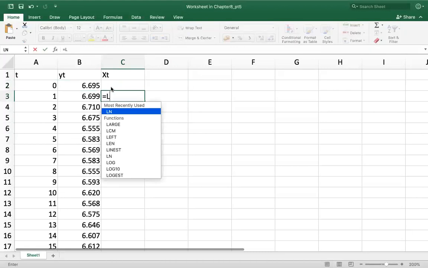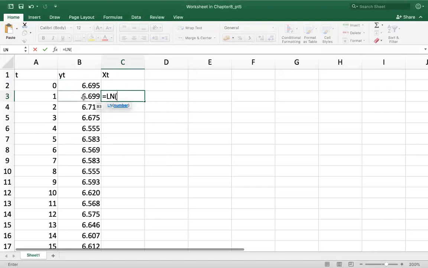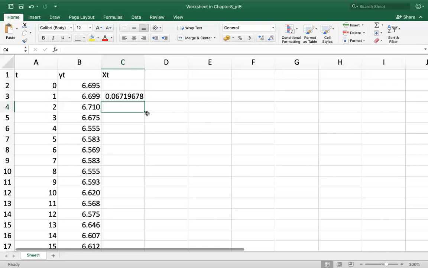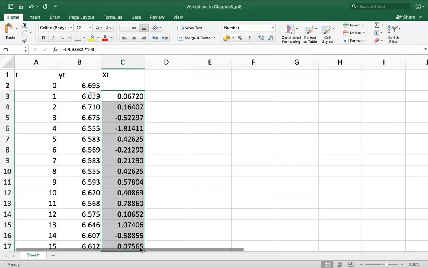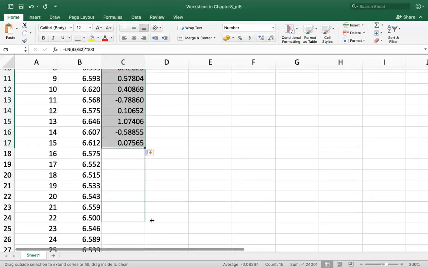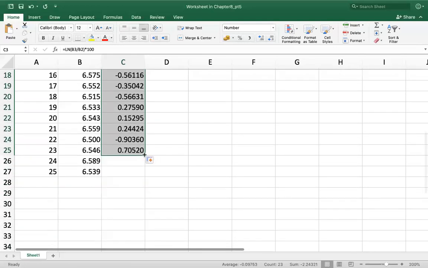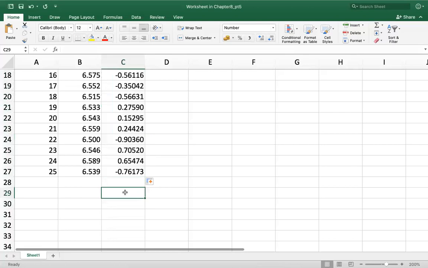So it is ln of yield today divided by yield yesterday, and we multiply it by 100. So it is 0.06720. If I drag this down, I get all of these values.